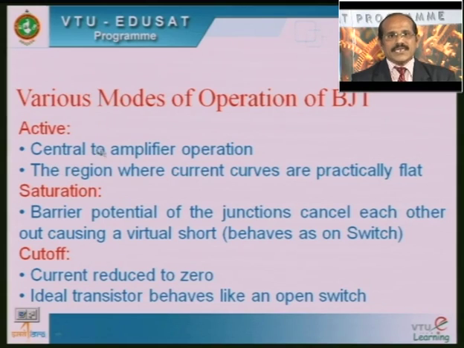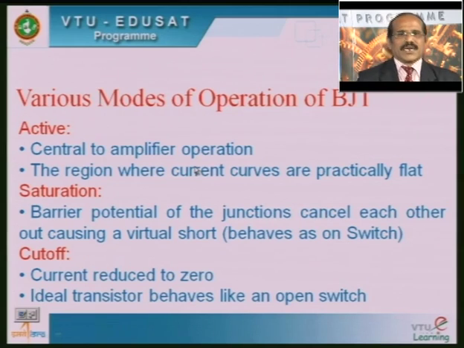It is the region where the current curves are practically flat and equidistant, so the distance between the current curves is equal. That is an important feature of this active region.